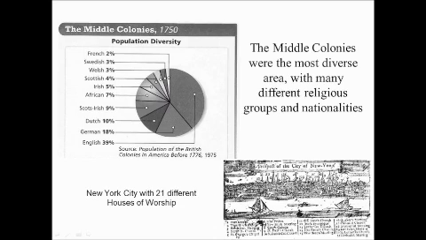Number 4 is the Something D Church. Number 5 is the St. George's Chapel. That would be a Church of England. Number 7, the New Brick Meeting House. Number 8, King's College. Number 9, St. Paul's Church. Number 10, the New Dutch Calvinist Church.